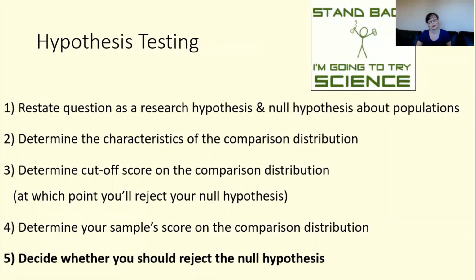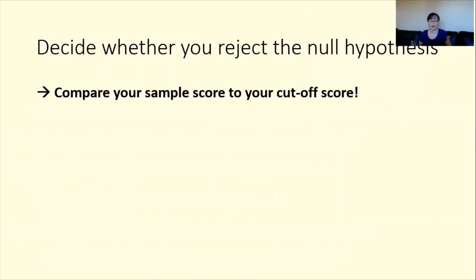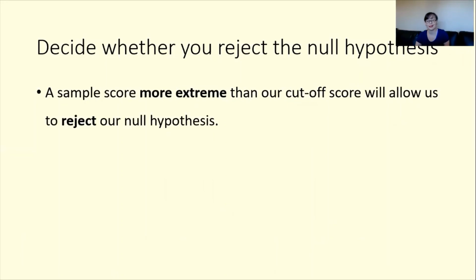And last but not least now, we have to decide whether we should reject our null hypothesis or not. As we mentioned in step 3, what we're going to do here is compare our sample score, what we just calculated in step 4, with the cutoff score that we found in step 3. A sample score that's more extreme than our cutoff score is going to allow us to reject our null hypothesis.